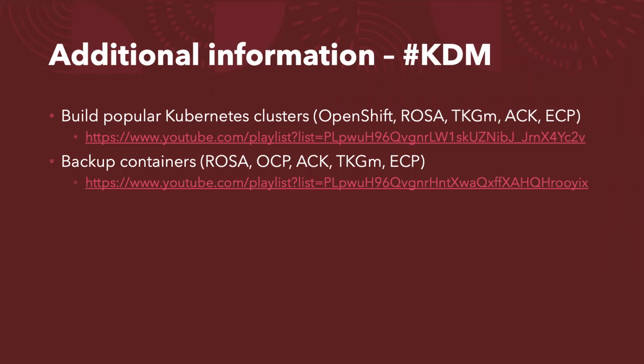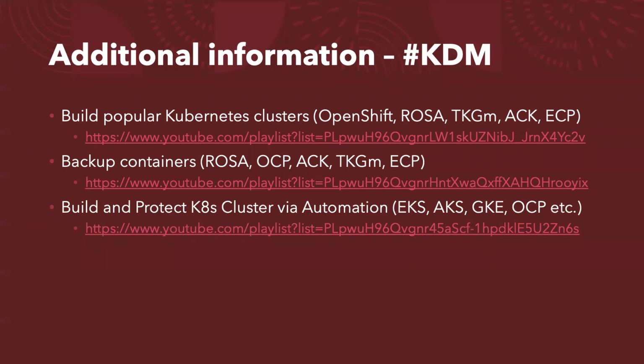The second piece is, once you already have a running Kubernetes cluster, how to back up the containers. Typically, you only need 3 minutes to protect the containers running on ROSA, OpenShift, Alibaba Cloud Container Service for Kubernetes, VMware TKG, and HP ECP.